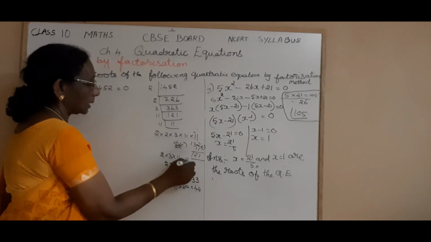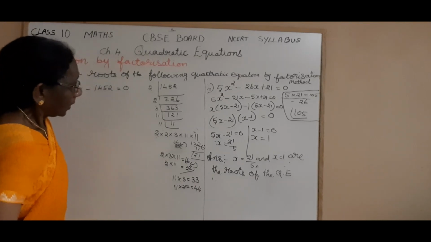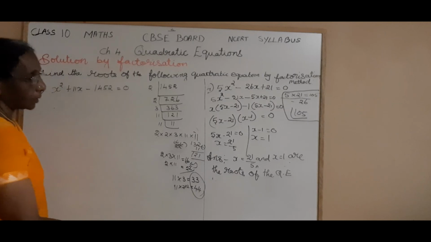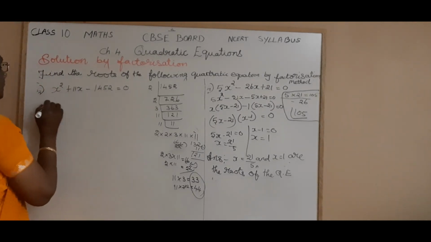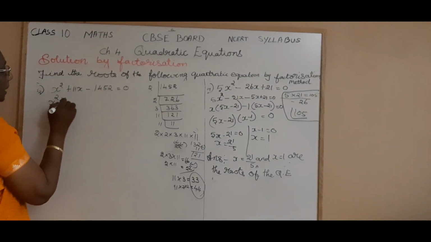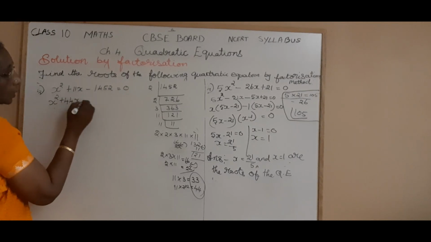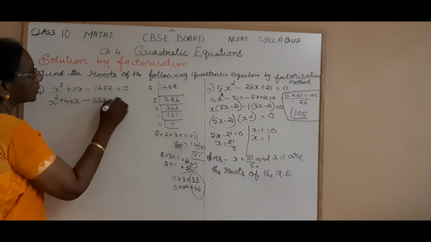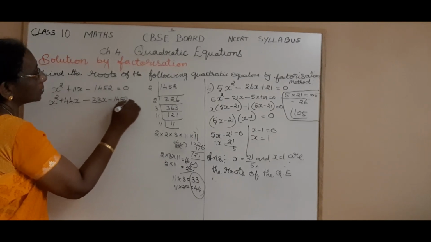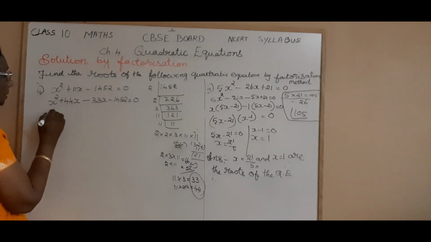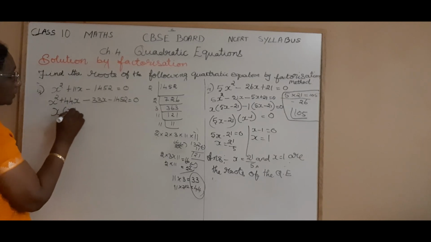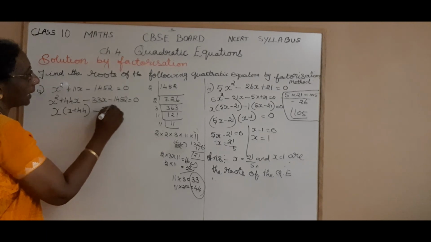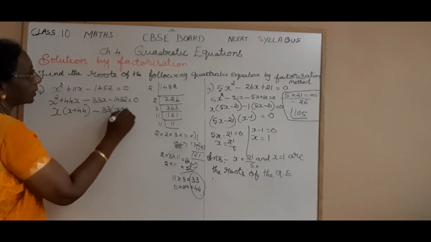Here we have subtracted, here also we have subtracted. Isn't it, children? So what are the numbers? 33 and 44. So x square plus 44, the big number will be 44, minus 33 x minus 1452 is equal to 0. So you take x outside, x plus 44, minus, take 33 outside, x plus 44.